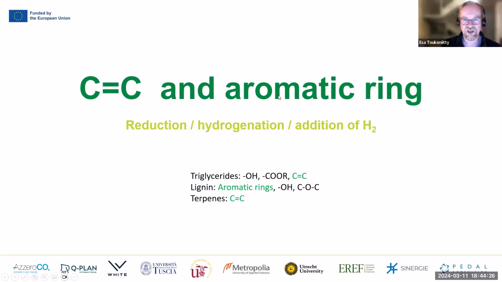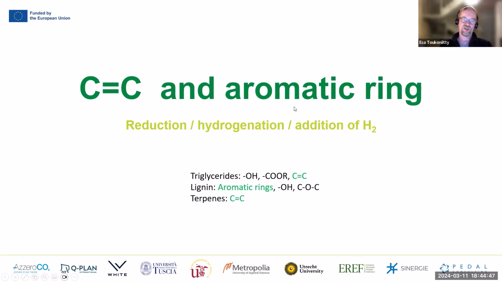Aromatic ring is slightly related to carbon double bond because you can also carry out hydrogenations on the aromatic ring as you can readily do on a double bond here. But chemically, to a chemist, these are different functional groups.